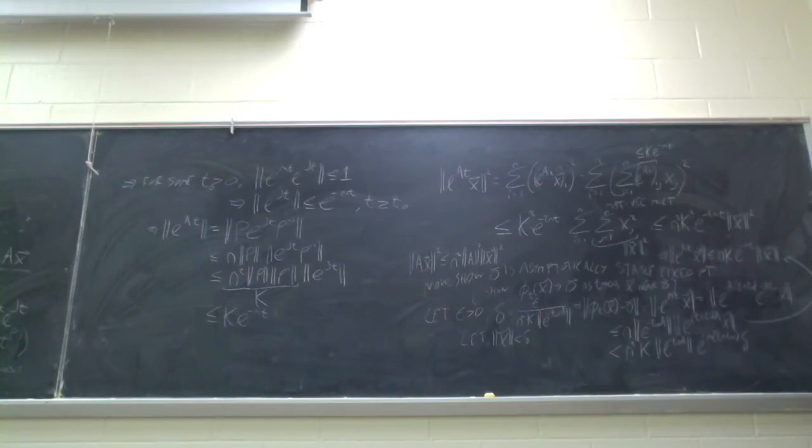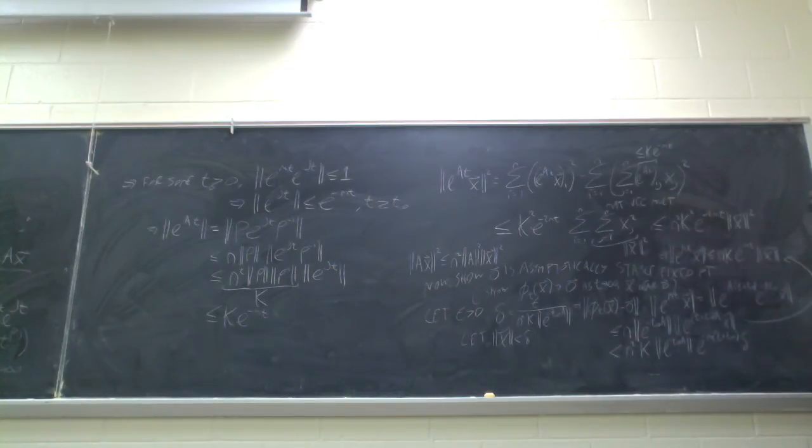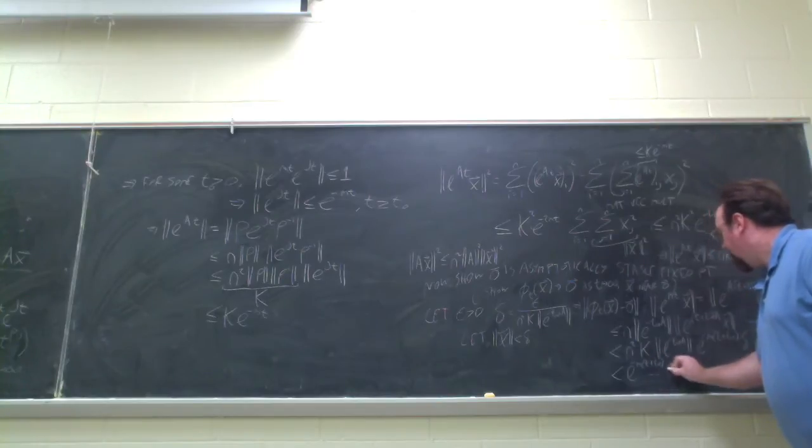Now I have n squared k, this norm, times delta. By rearranging this equation, what I get is this is less than e to the minus m (t plus t naught) times epsilon.